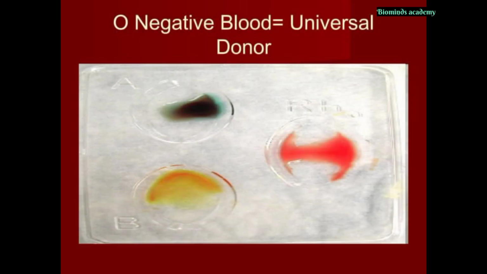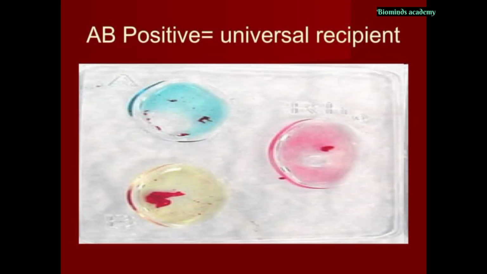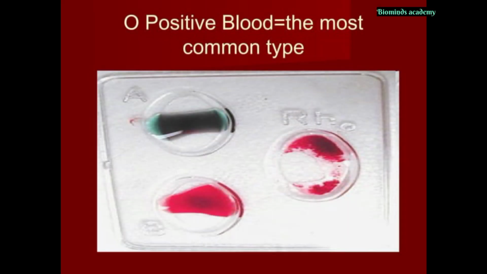This is O negative blood, with no A and B type and no RH. The agglutination is absent, so O negative blood is a universal donor. This is AB positive, a universal recipient, because agglutination occurs in anti-A, anti-B and anti-D. This is O positive blood. The most common type is O positive blood.